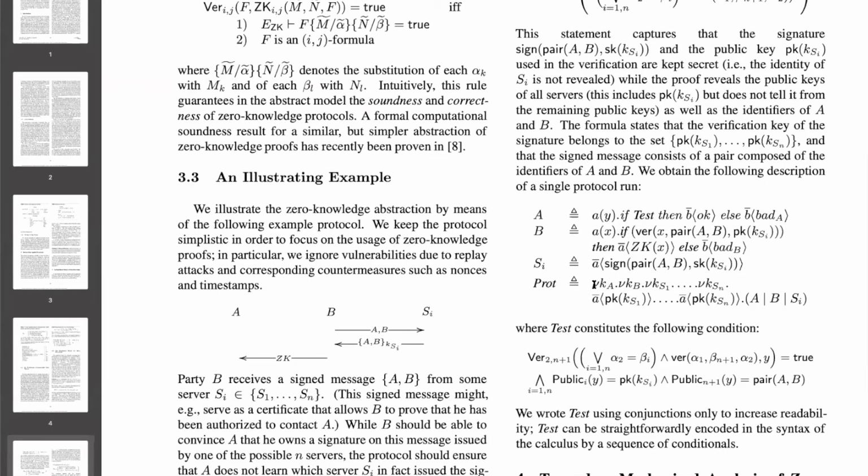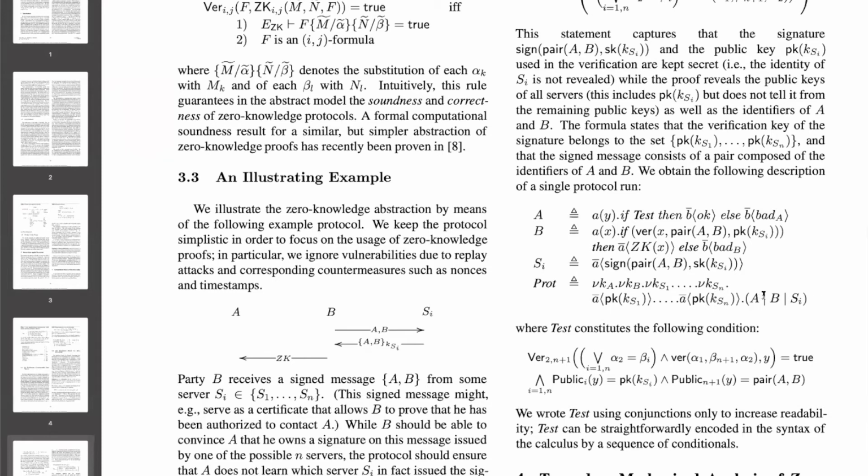So they've got a bunch of private channels, KA through KSN. It looks like they've got an A process, a B process, and some server processes. And then the protocol is the parallel composition of those.